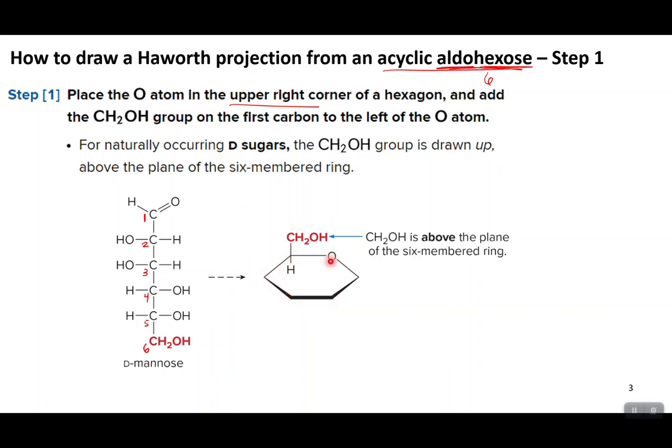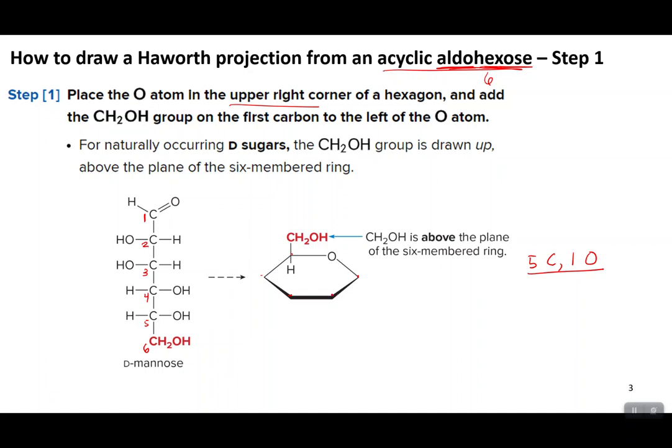So the 6-membered ring is composed of 5 carbons and 1 oxygen. Okay, so first you're going to put the first member, which is that oxygen, and then the remaining points here are going to be carbons.